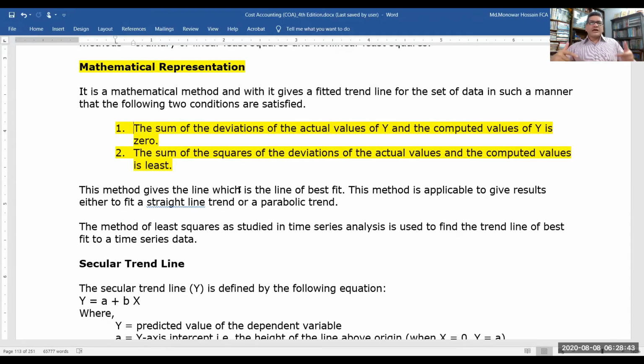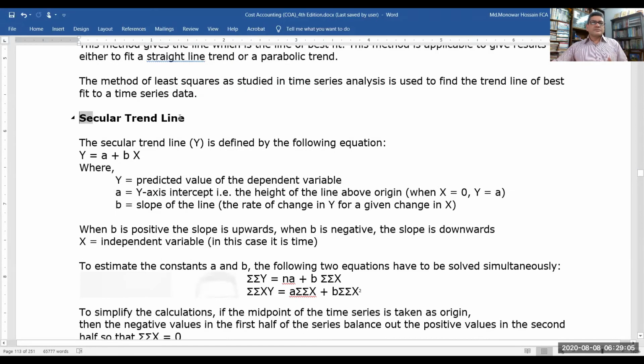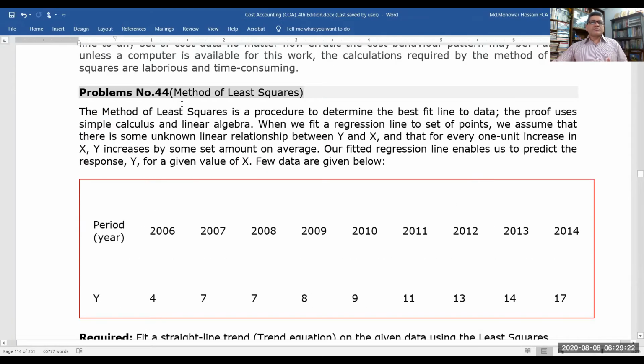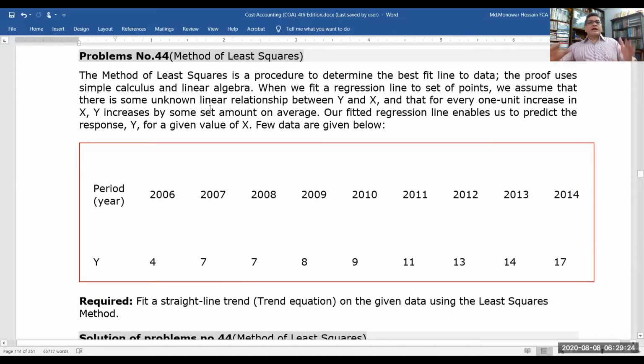Number two, the sum of the squares of the deviations of the actual values from the computed values is least. You have to satisfy these two conditions under this method. We have seen this previously also, the same. Okay, the method of least squares problem here.